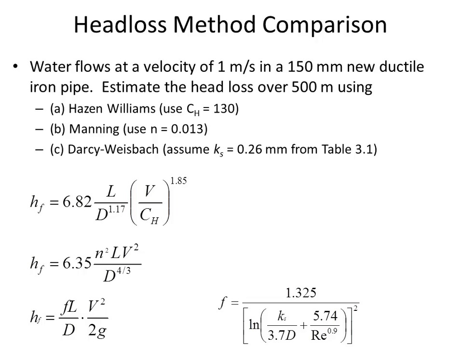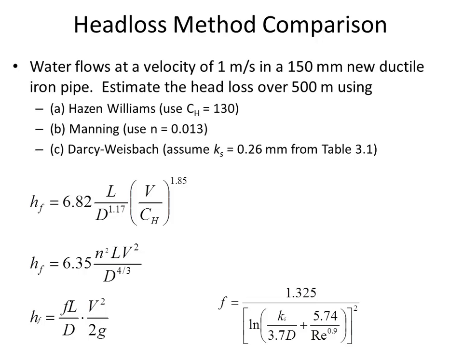If you assume a different n value, then in this case, since it's n value squared, let's say that you make a 2% change to the n value, then that's going to result in more than a 2% change in the head loss that you determined. It looks like it would be 4% since it's squared.